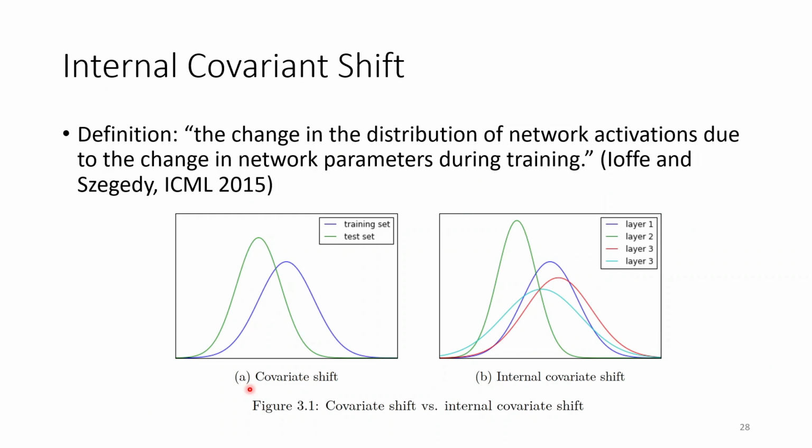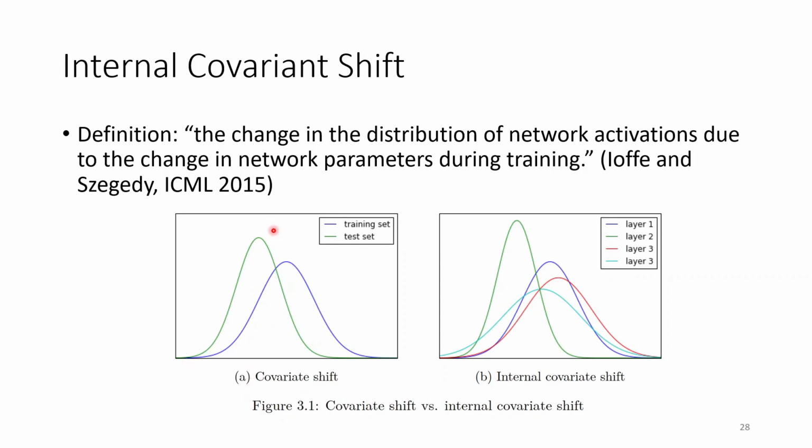When we train the neural network, we change the parameters, right? After every backpropagation, the parameters change. So one thing might happen.